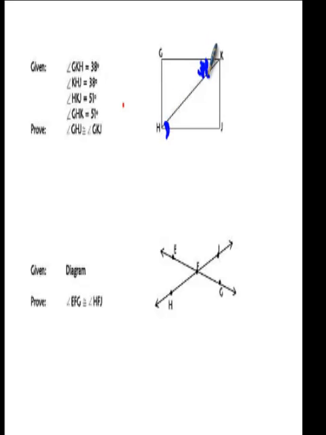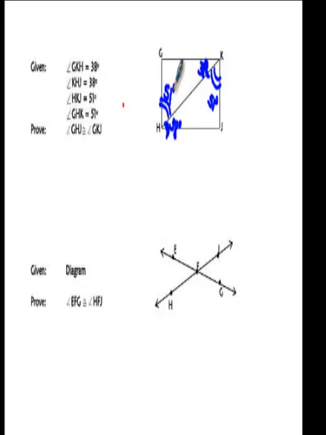Notice I'm using these congruent markers to indicate these angles are congruent, but this angle is also 38 degrees. Then they tell me angle HKJ, this angle down here, I'm going to use two tick marks. They tell me that angle is 51 degrees. And then they tell me that angle GHK, that's this angle down here, is also 51 degrees.